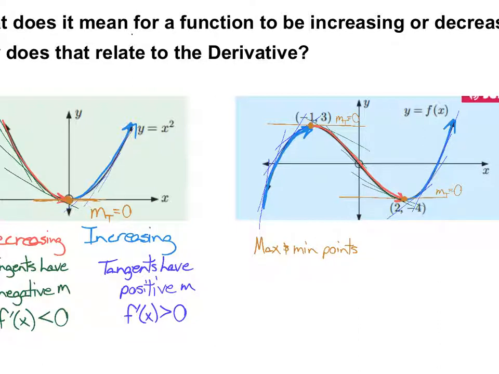We'll hit that term a little more. So max and min points are where the derivative equals 0. There's one additional possibility, but we'll look at that in a sec.